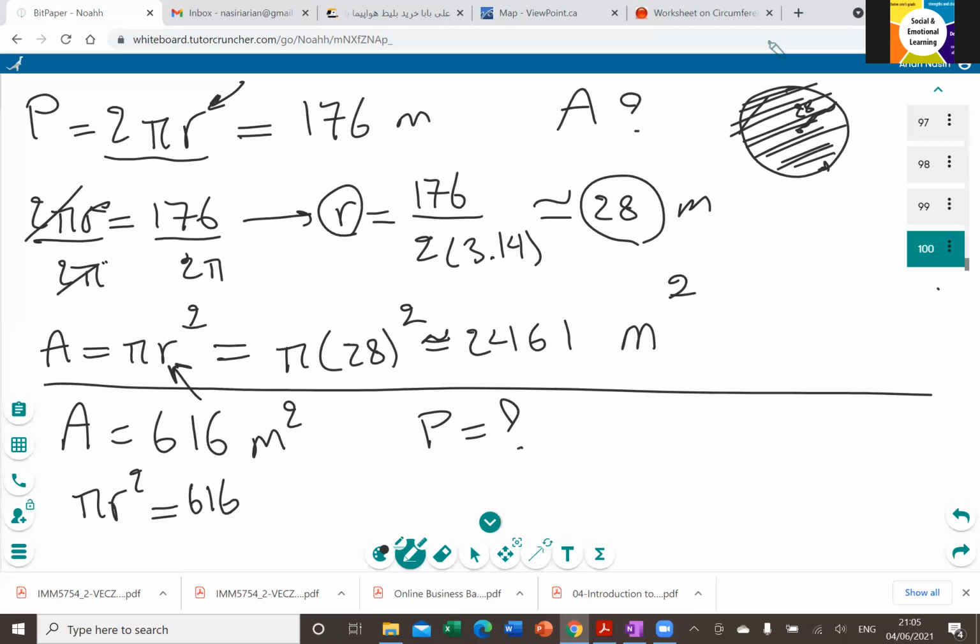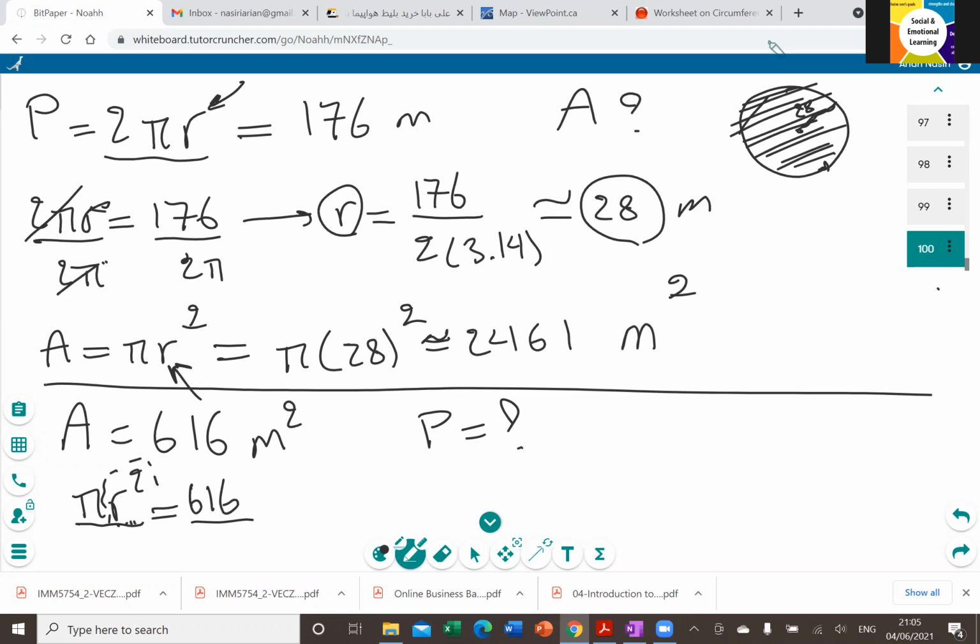Now, it seems that because this is my variable, look at it. Should I divide first both sides by pi, or should I square root both sides? Does any of you have any idea?